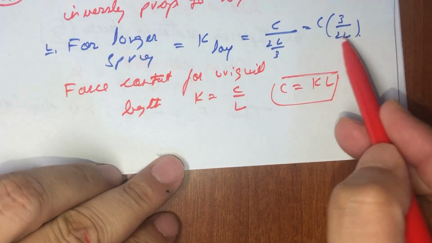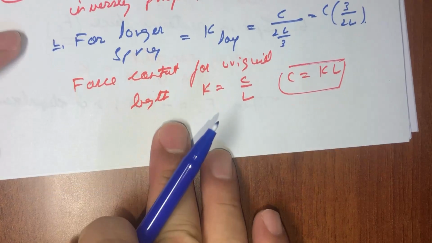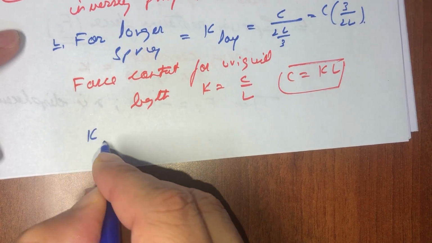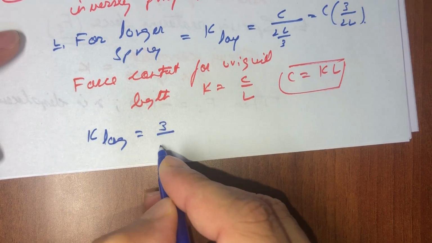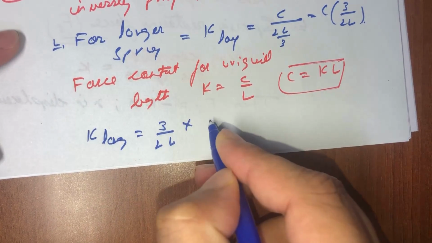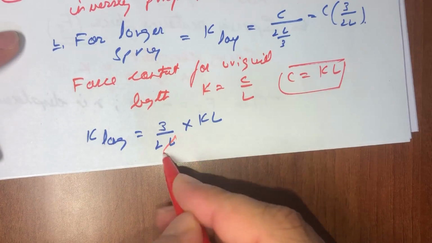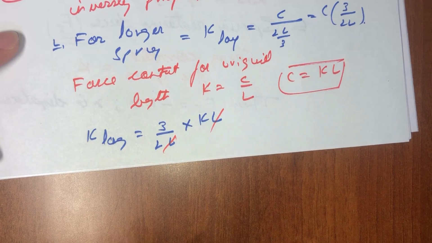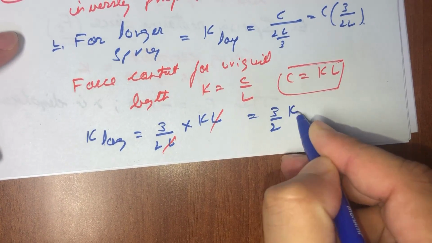And we substitute in this equation. We can say that the spring constant K long will be equal to 3 by 2L multiplied by KL, and this L and L cancel out, so we get the spring constant as 3 by 2K.